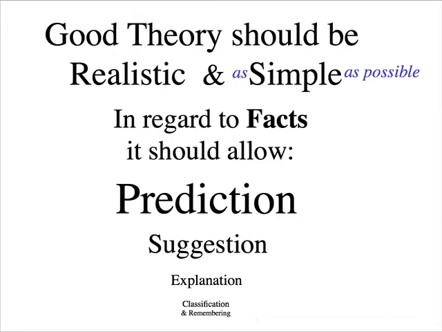A good theory should be realistic and simple, okay? But really it should be as simple as possible. There is no truly complete theory of chemistry at this point, but we do have some very sophisticated theories that aren't particularly simple, but they do encompass as much as we can within one theory.